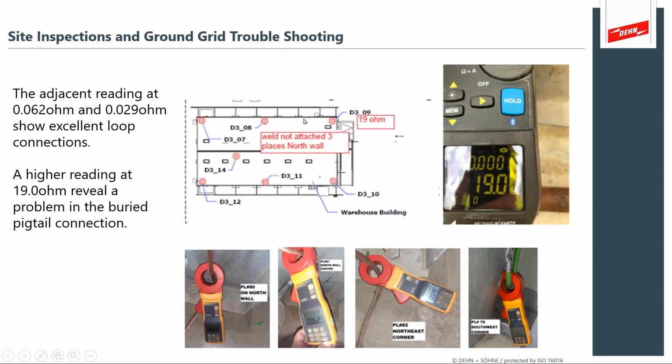With clamp-on meters that can record the resistance of the loop, you can come back and analyze a typical structure. When you see adjacent readings that are very low, like 0.062 or 0.029, and then you see an adjacent reading at 19 ohms, you know that something's wrong with that connection.